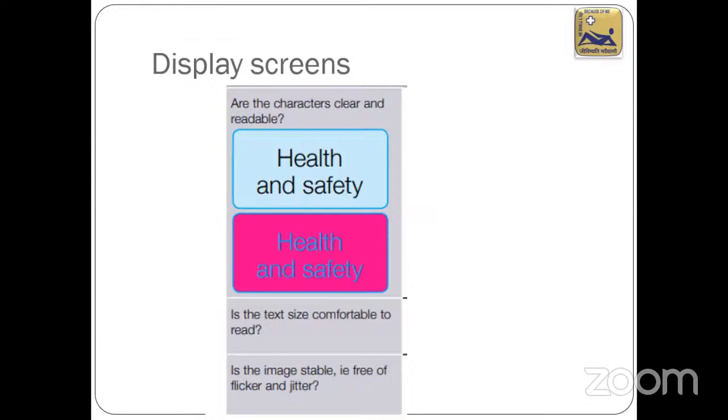If the text is not clear or the font is very small, we tend to focus on the letters, and subconsciously we protrude the neck forward to reach for them. Again, if the image is not fixed, if it is unstable or flickering, you tend to have an altered position of the neck and head. Next slide.